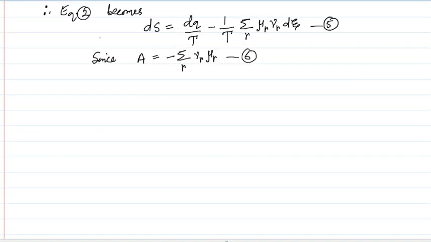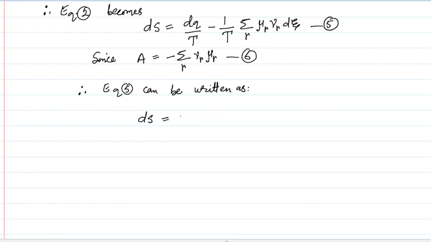Therefore, equation 5 can be written as, we will simply write it in this form, introducing the value of this A, that means affinity, in place of this much.